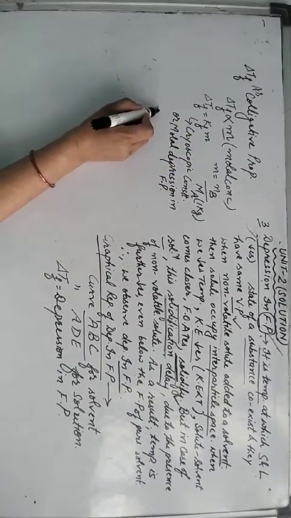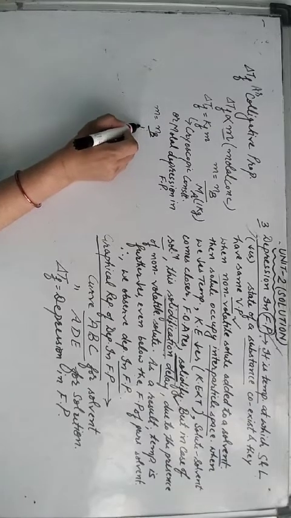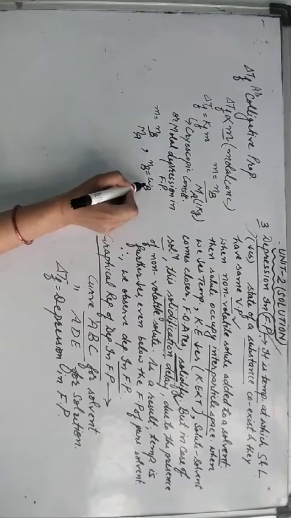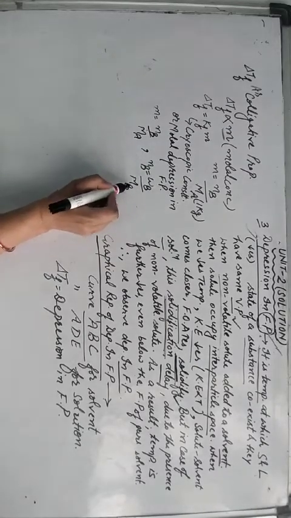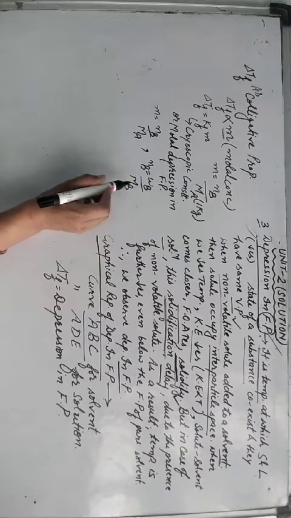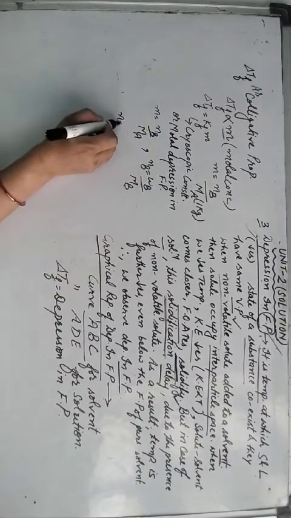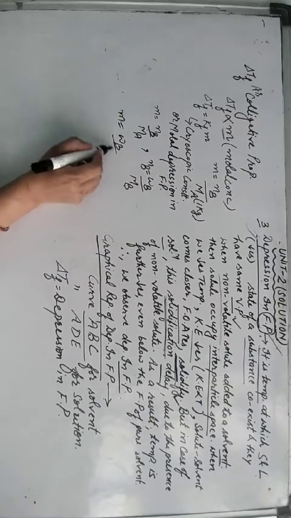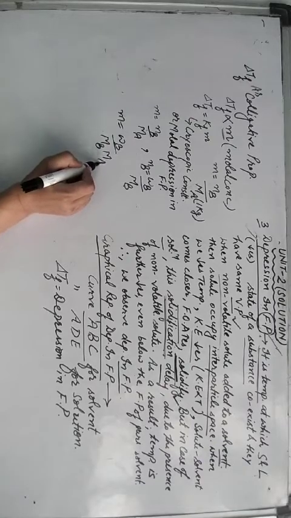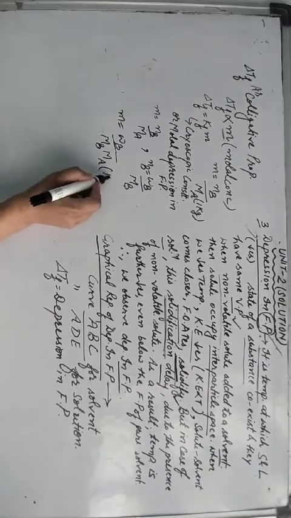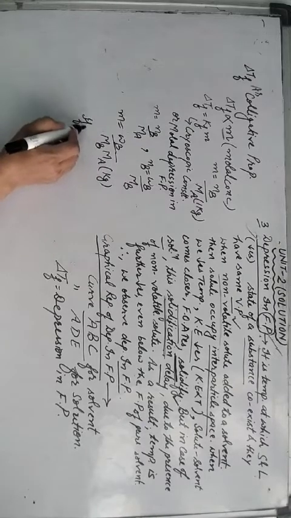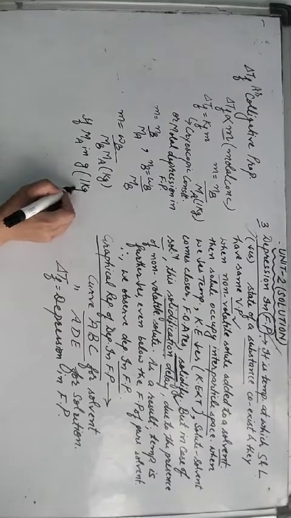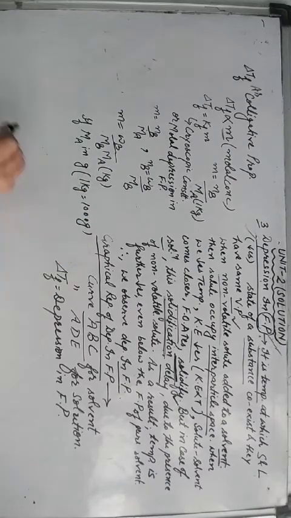Now we know m is equal to Nb over Ma. Here Nb is equal to given mass of solute Wb upon molar mass of solute Mb. Put these values here. m is equal to Wb upon Mb Ma, with Ma in kg. If Ma in gram, now 1 kg is equal to 1000 gram.